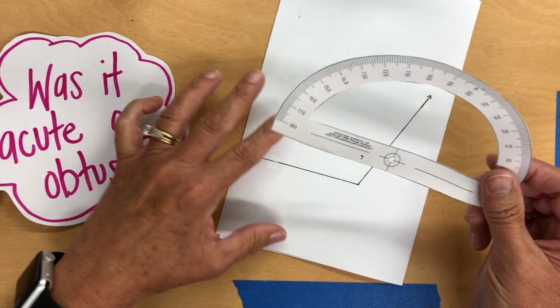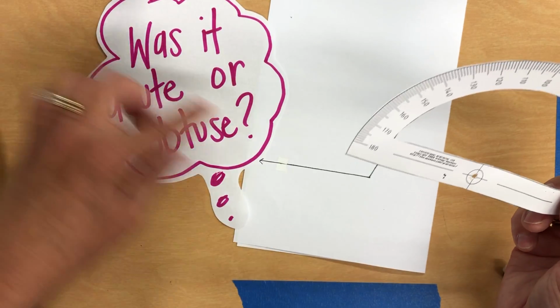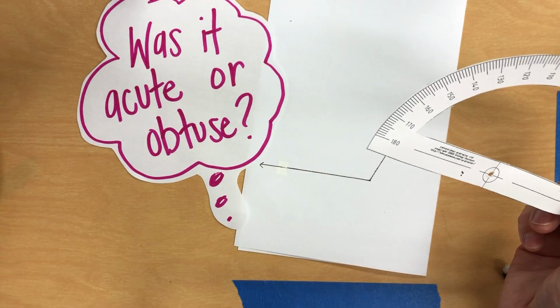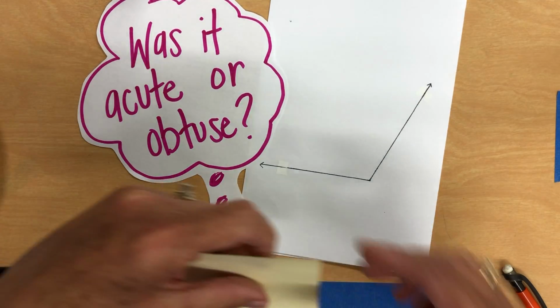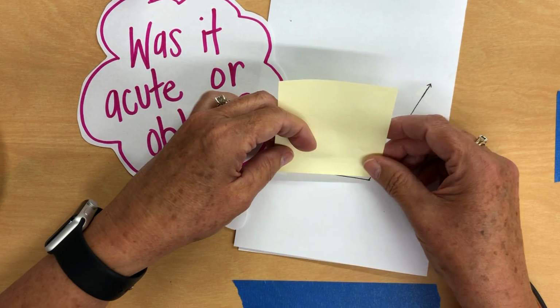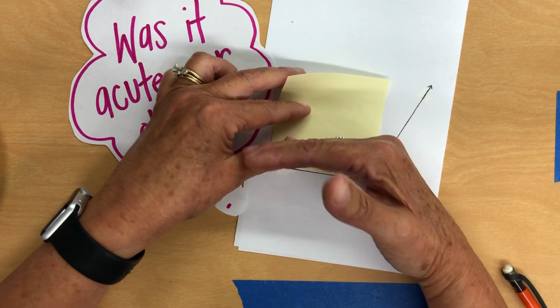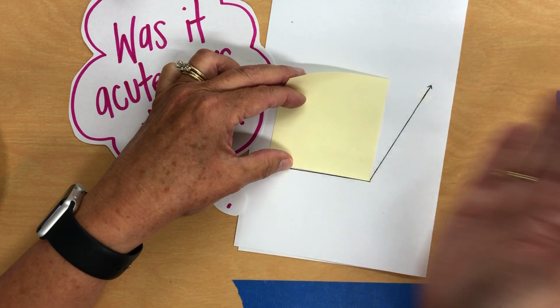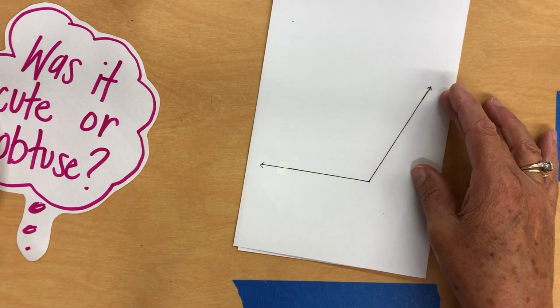Right now, again, we need to first ask ourselves the question: is this an acute or is it an obtuse angle? And using our right angle to help us determine that, you see that this angle is open greater than a right angle, so therefore it is an obtuse angle.